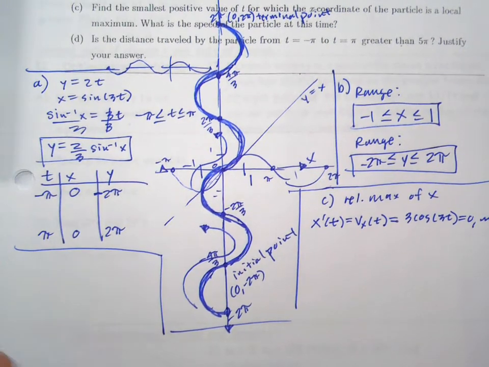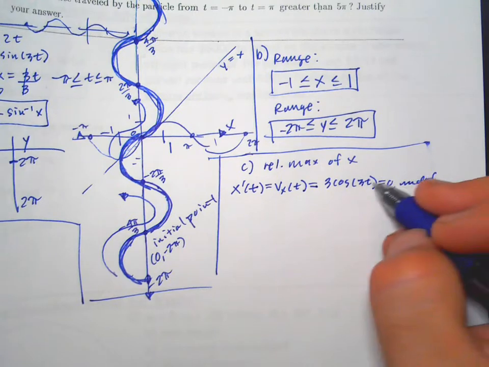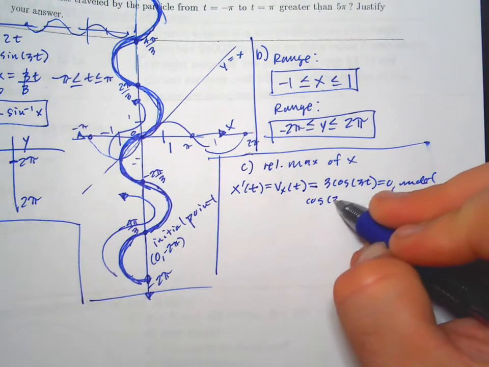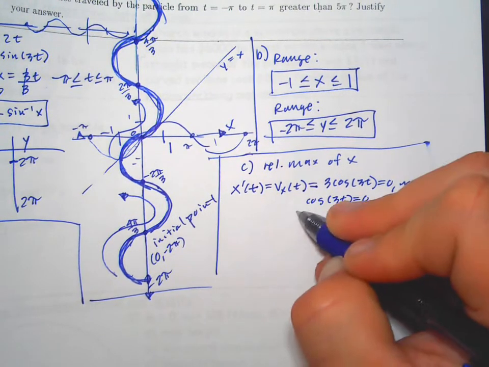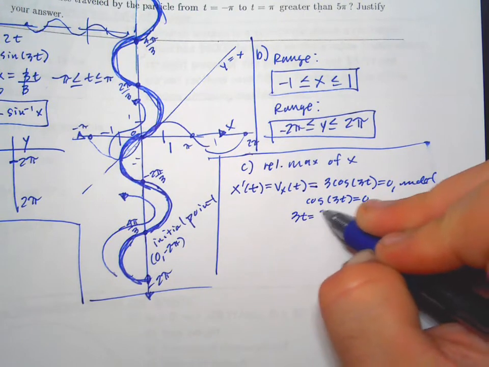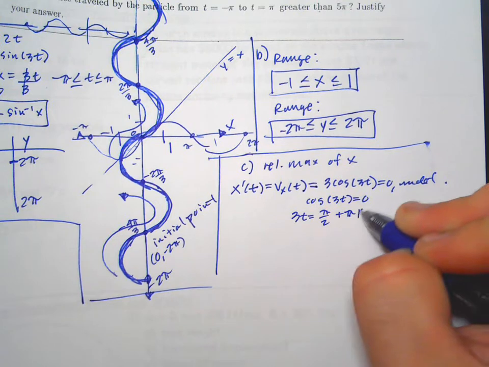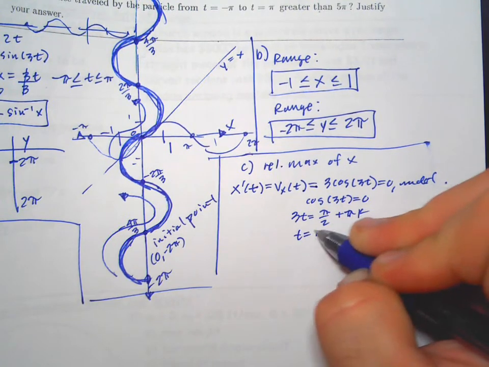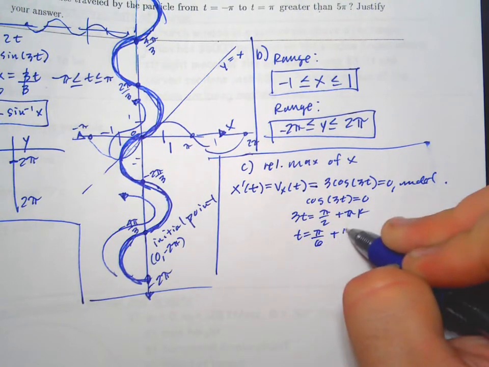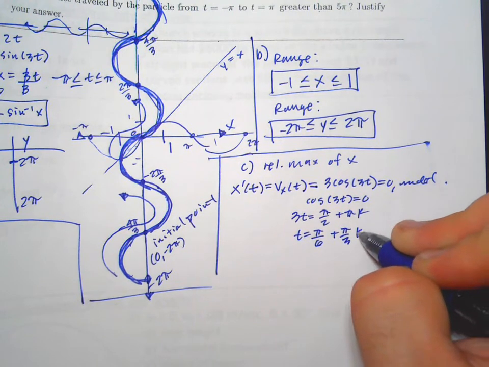And so then cosine of 3t equals 0. And so then 3t equals pi over 2 plus pi k, and t equals pi over 6 plus pi over 3 k.